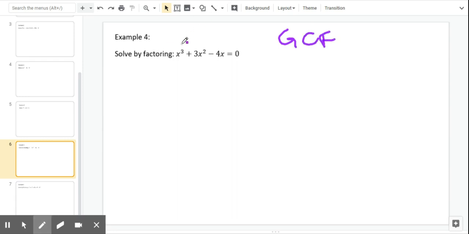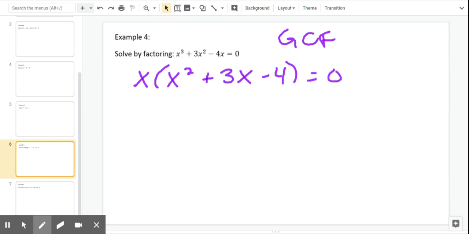For the coefficients, I don't see a GCF because we have a 1, a 3, and a negative 4. But don't all of these have x's in them? We've got x cubed, x squared, and x to the first, which means you can take out the lowest degree. So you can take out an x to the first, and then you're left with x squared plus 3x minus 4. So you take an x away from each of those.